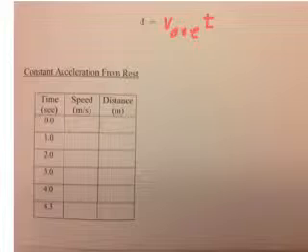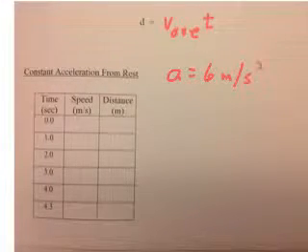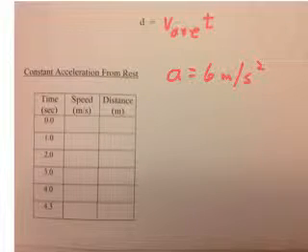So let's say we have an object that is accelerating, say it's a car with an acceleration of 6 meters per second squared. As we saw on a previous page, at time 0, if you're starting from rest, the speed is 0 meters per second.